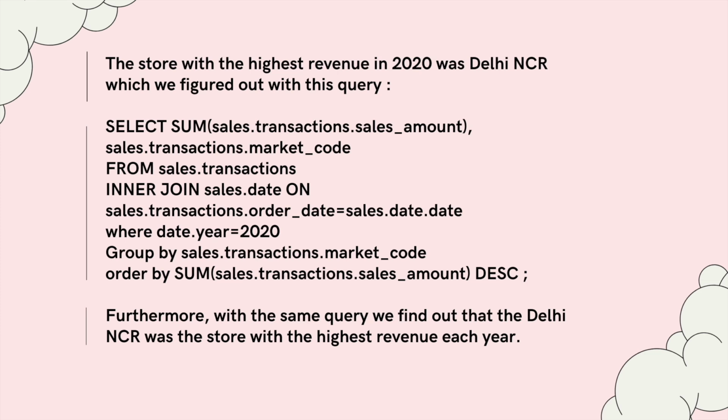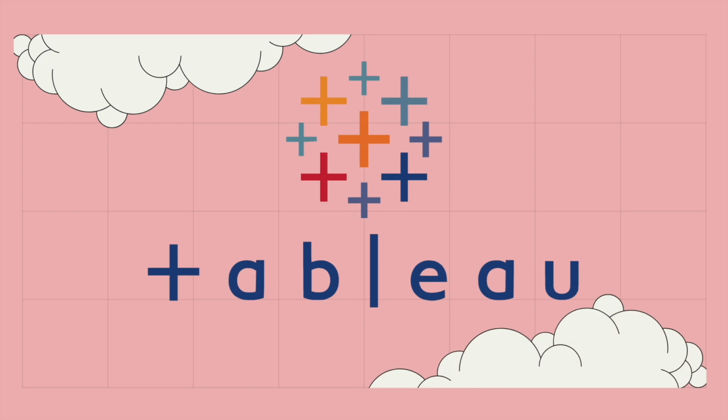Also, with the same query, we tweaked it a little bit so it would cover all the years. We found out that in each year the store in Delhi had the highest revenue, so it was the store with the most sales.